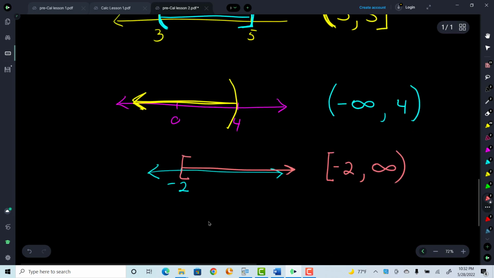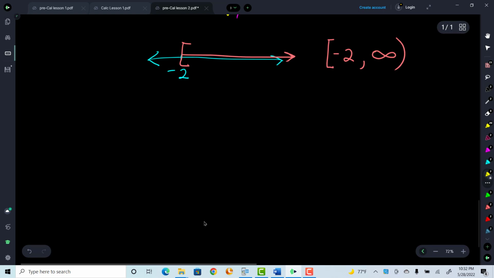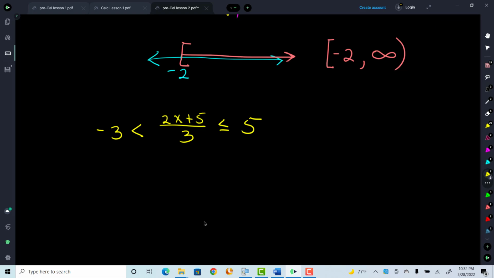Okay, one more example. Let's solve this inequality. We've got -3 less than (2x plus 5) over 3 less than or equal to 5. Now this looks really tricky to solve, but it's actually pretty simple.